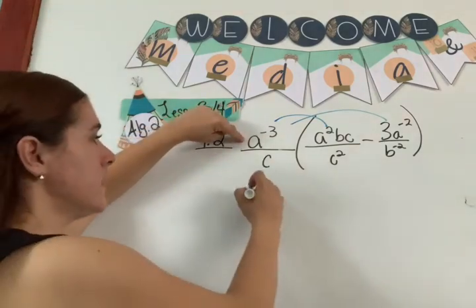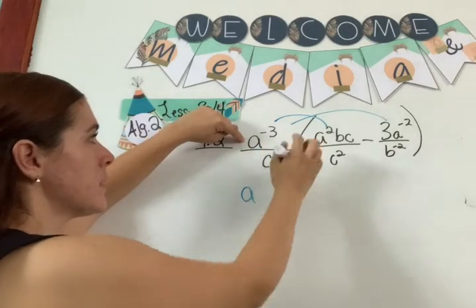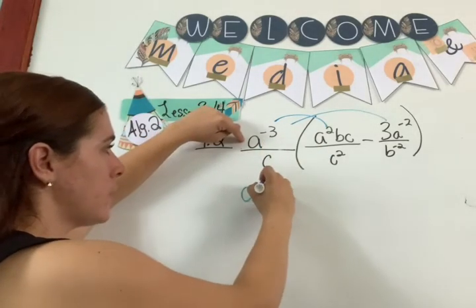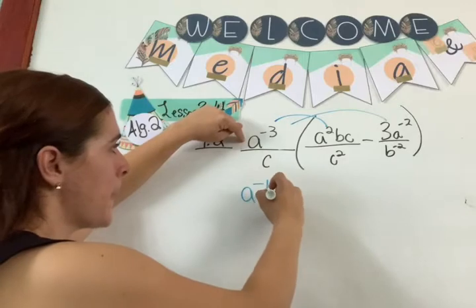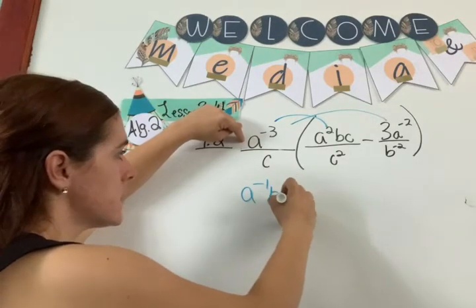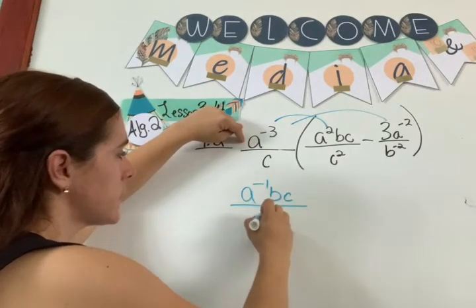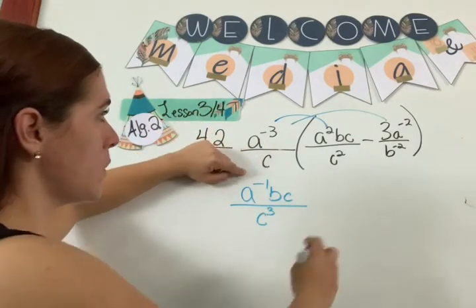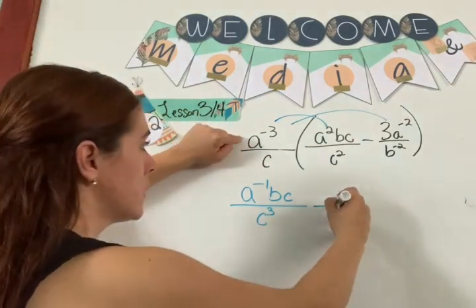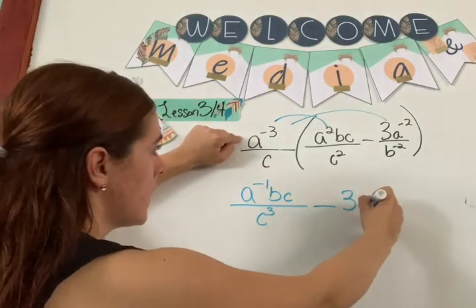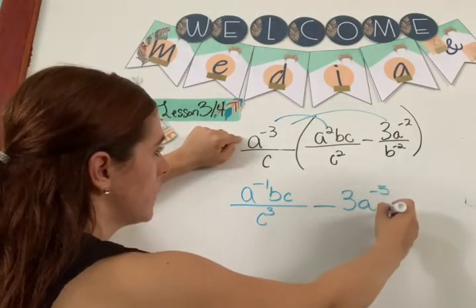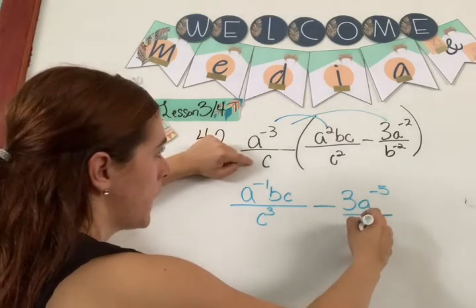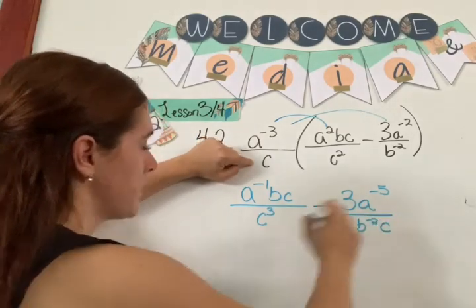We have a. Negative 3 plus 2 is going to give you a negative 1. B, C, over C cubed, right? Okay, then you have minus 3, a to the negative 5, over b to the negative 2, c.